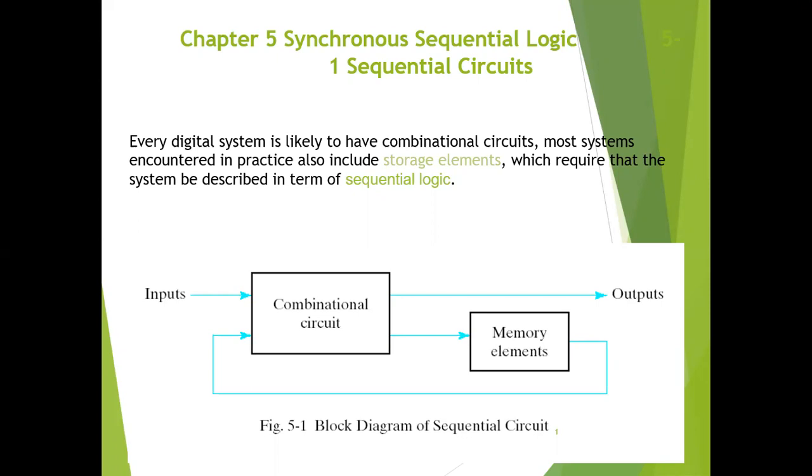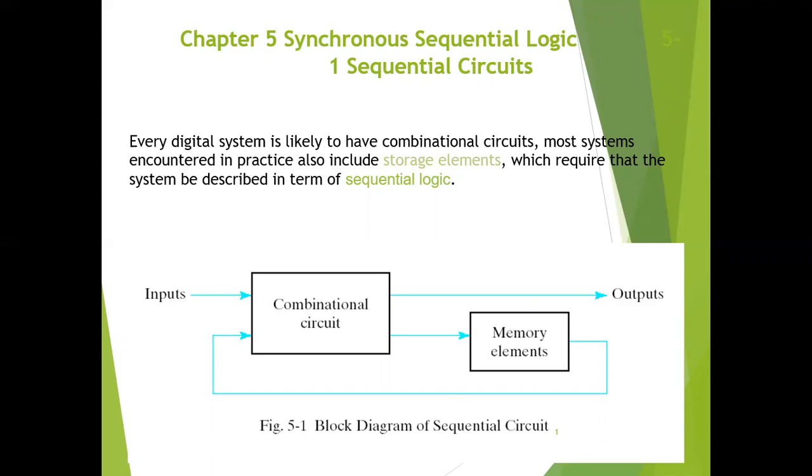circuits. Every digital system is likely to have combinational circuits, and most of the systems encountered in practice also include storage elements, which require that the system be described in terms of sequential logic circuits. We can see a block diagram of a sequential circuit.